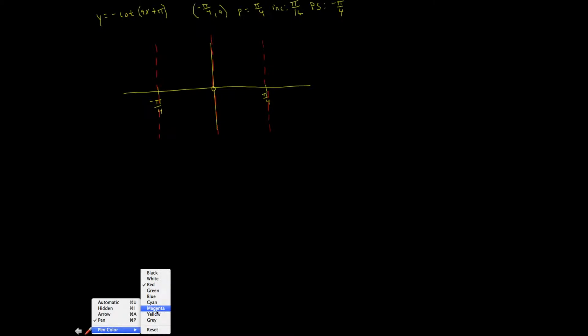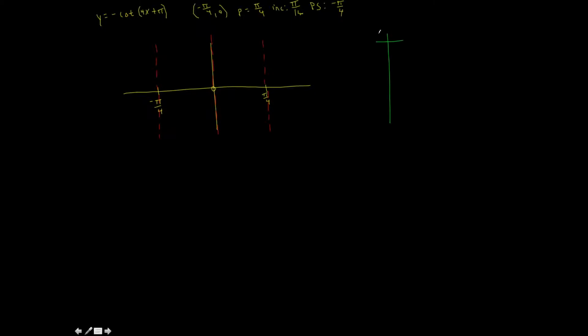Alright, so at this point now is where we get to the fun part, where we have to start doing our t-chart. Okay, so we have our t-chart, and we know that it goes from negative pi over 4 to 0. But we're adding pi over 16 as our increment. So negative pi over 4 plus pi over 16 is going to give me negative 3 pi over 16.